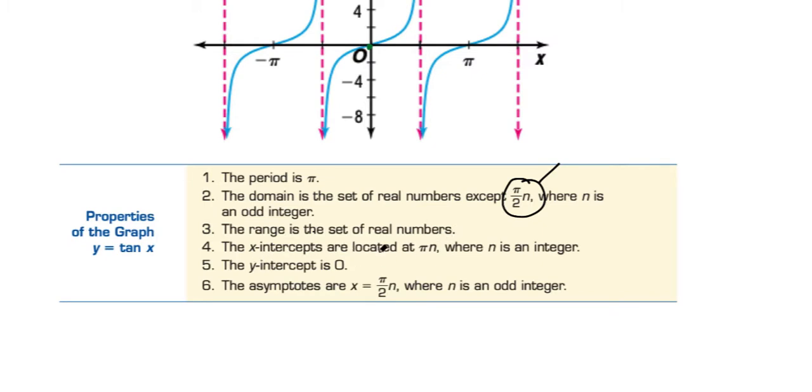The x-intercepts are located at pi over n, where n is an integer, so at those values where the sine is 0, and the y-intercept is 0. And over here the asymptotes are defined by these same places that are not within the domain.